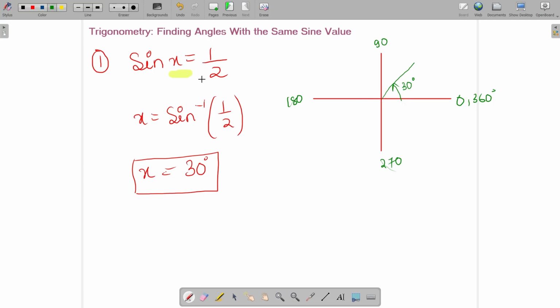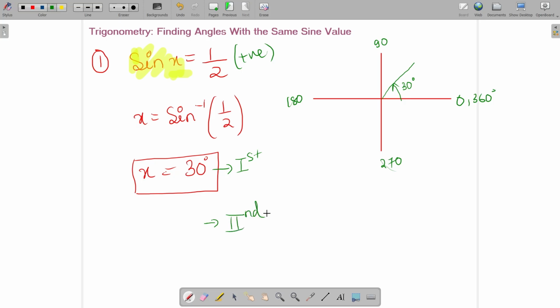Now, if you notice the value sine x is equal to 1 by 2. 1 by 2 is a positive value, correct? If it's a positive value, there are two places sine is positive. First one is the first quadrant. That's why we got an angle which is in the first quadrant. I need to find one more value which gives me a positive answer. And that particular value has to lie in the second quadrant.